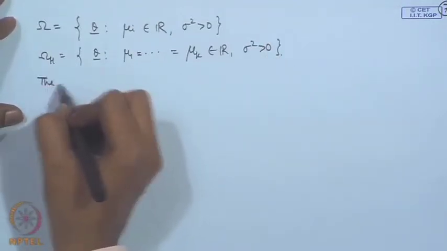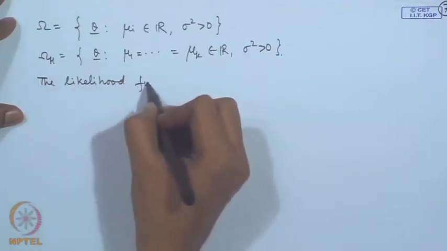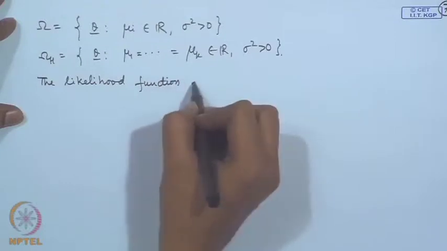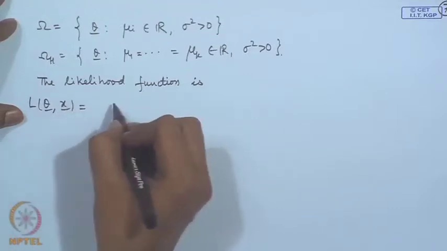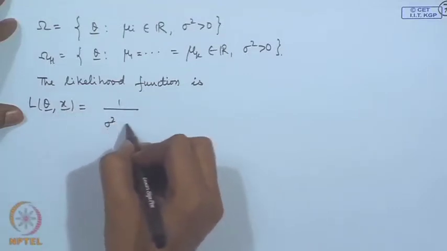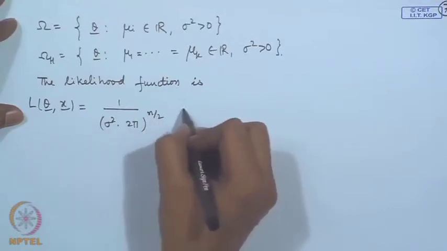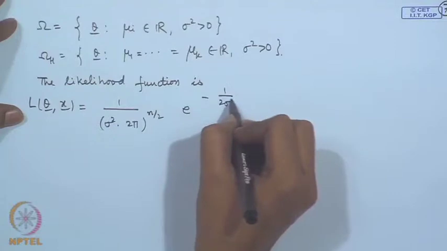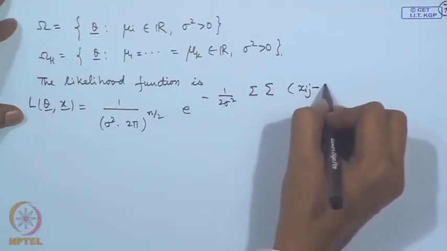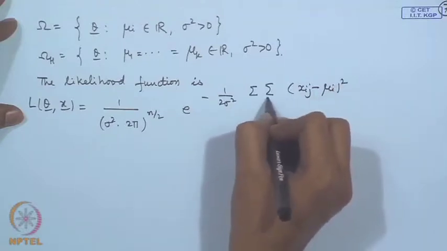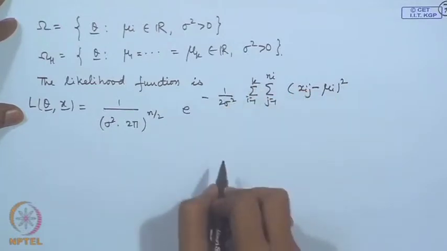Now, the likelihood function is L theta x, that is equal to 1 by sigma square 2 pi to the power n by 2 e to the power minus 1 by 2 sigma square sigma x i j minus mu i square, j is equal to 1 to n i, i is equal to 1 to k.